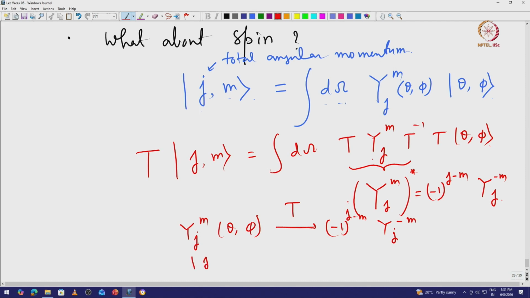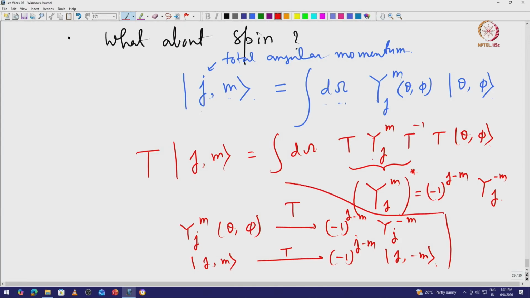So, in the abstract state, okay, that is how any angular momentum state will transform.